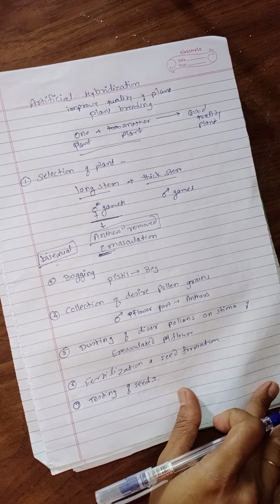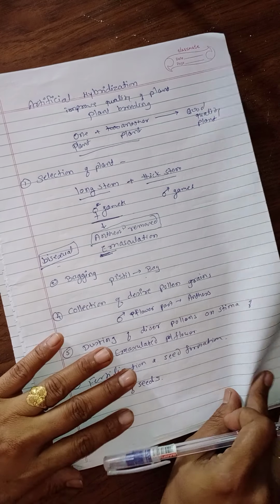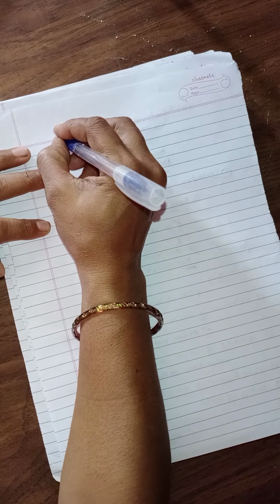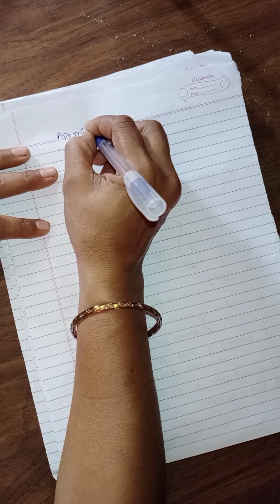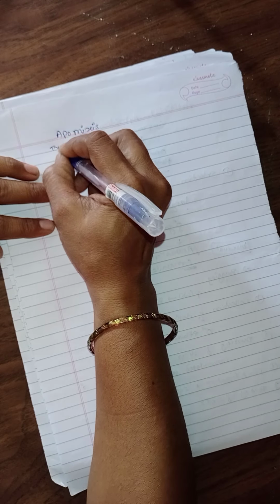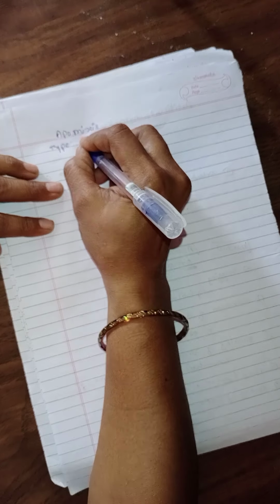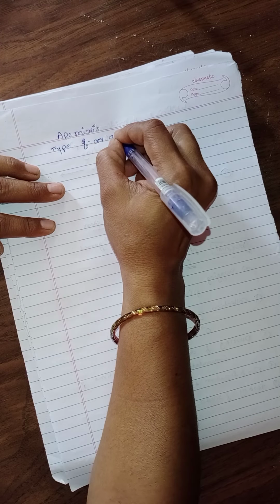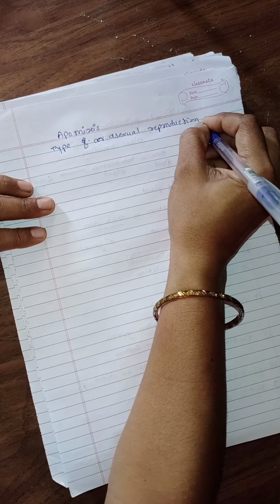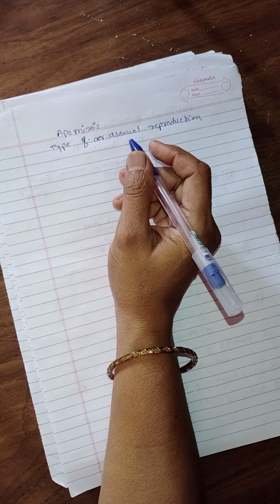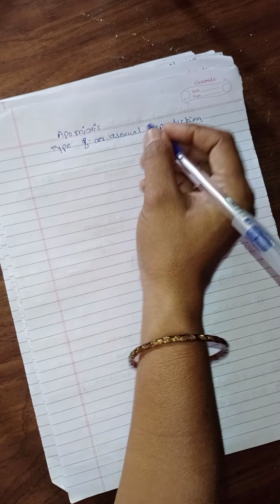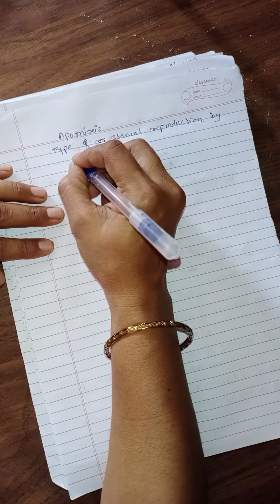In this chapter, the last point is apomixis. Apomixis is a type of asexual reproduction, that is, asexual reproduction by agamospermy.